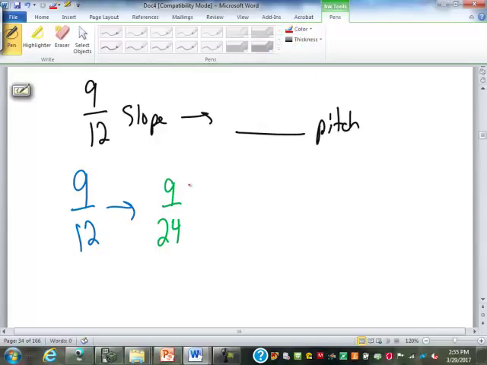What can both of those be divided by? 3, right? 9 divided by 3 is 3. 24 divided by 3 is 8. And that's as far as I can reduce that. A 9/12 slope is a 3/8 pitch.